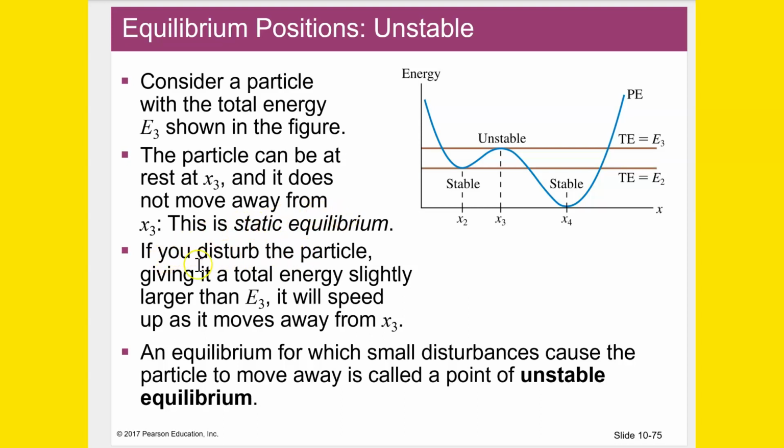But if you disturb the particle, giving it a total energy slightly larger than E3, so if you do some outside work to move it away from x3 on either side, it will speed up as it moves away. So it will not just oscillate right there at x3. It will move quickly away from x3, farther and farther. An equilibrium for which small disturbances cause the particle to move away is called a point of unstable equilibrium.